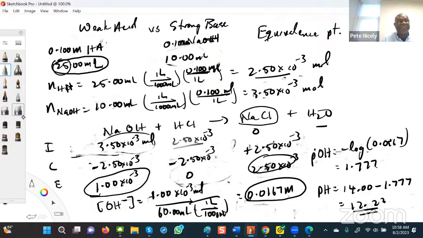Okay, so that's going to change the final answer here. If I recall, when we did this previously, this is going to be 1.00 times 10 to the minus 3. All right. And so the equation here would pretty much be the same thing. The only difference is that instead of HCl, we're going to use HA here, NaA here, right? So let me erase all this here.